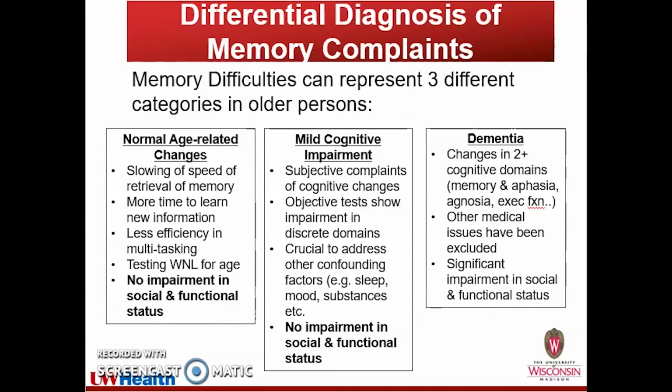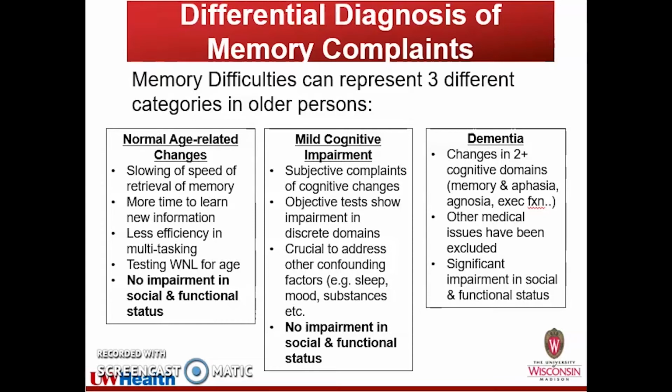Now, the third category. And this is a category that obviously we all pay a lot of attention to because we know that it can have a progressive and negative trajectory. This is a group that we would call dementia or major neurocognitive disorder. And there are various criteria, but suffice it to say that a person needs to have objective abnormalities in memory and at least one other cognitive domain.